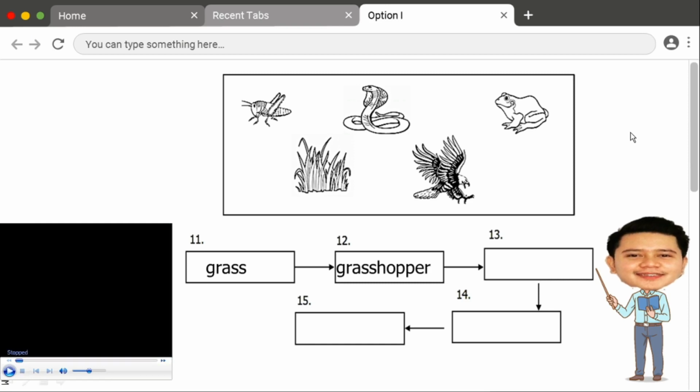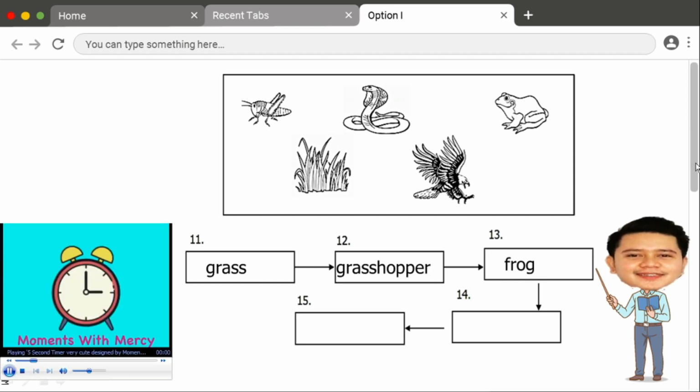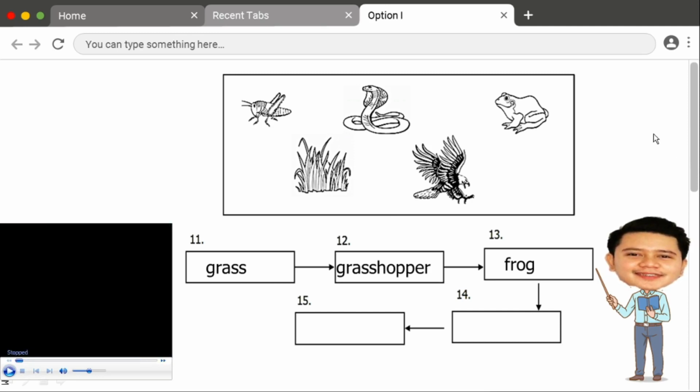Is eaten by a frog. Okay, next, a frog is eaten by a snake. Very good. And of course, the last one, a snake is eaten by an eagle. Okay, so let's read the food chain.